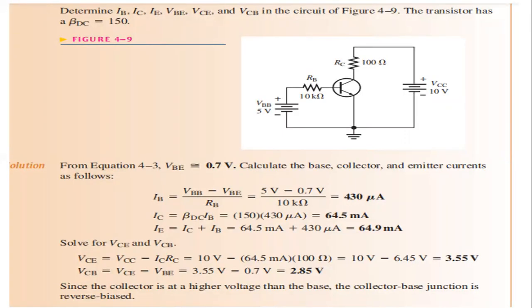Here, a small problem for your practice. You have to perform the DC analysis of the given circuit. So determine base current, collector current, emitter current, and all the voltages across the junctions, that is VBE, VCE and VCB.